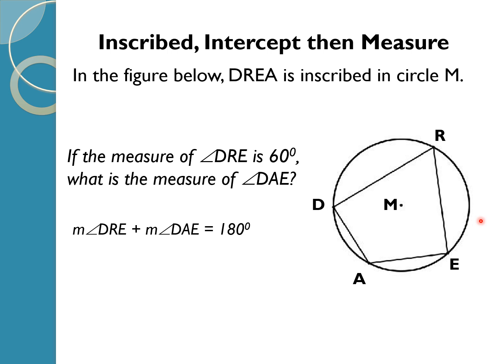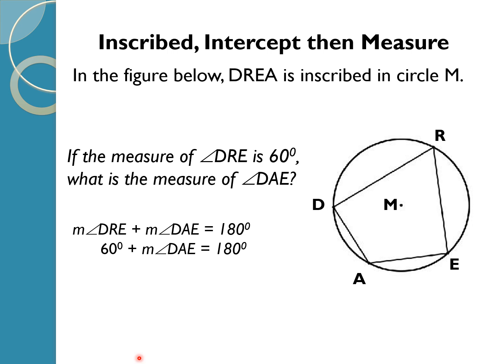And then we're going to substitute the value of angle DRE, which is 60 degrees. So we have 60 degrees plus the measure of angle DAE is equal to 180 degrees. Then we apply the addition property of equality.